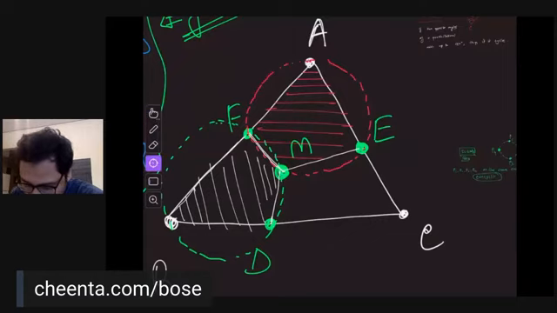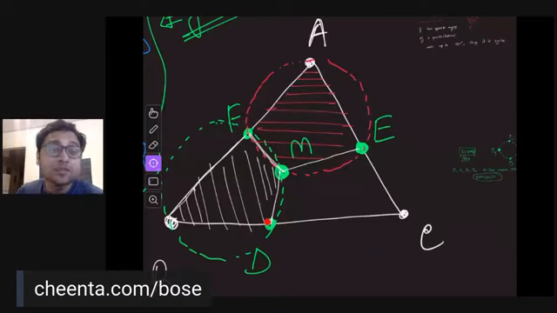When you started off with these points D, E, and F, it does not matter which 3 points you choose. This particular property will always hold. So that's why this problem is so, it's simple, but it's beautiful.